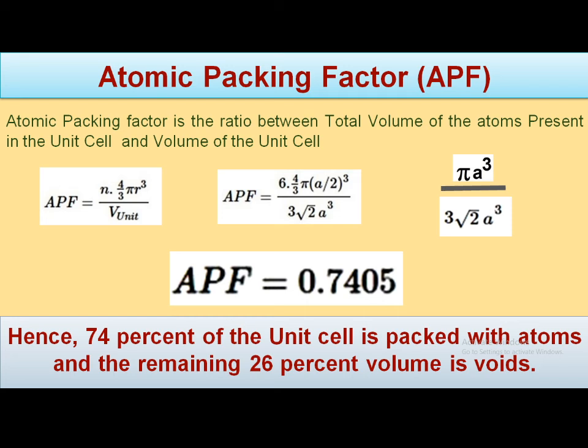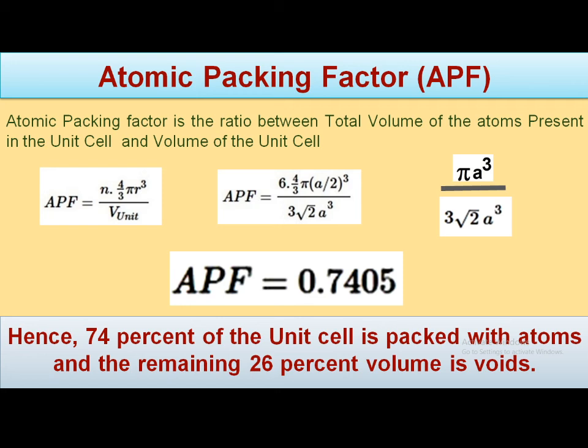And then finally, we should come to the atomic packing factor. We have found the volume of the unit cell and the volume of the atom, and the total volume of the atoms present in the unit cell, which we also found in the previous cases. Hence you can substitute those values in this formula. Atomic packing fraction is equal to N into 4 by 3 pi r cube divided by the volume of the unit cell. Here N is the total number of atoms present in the unit cell, and V is the volume of the unit cell.